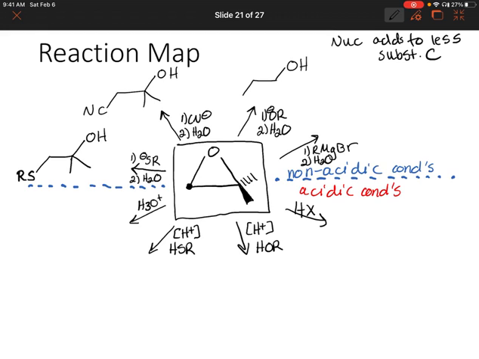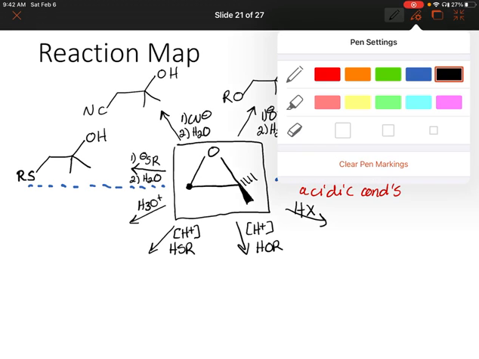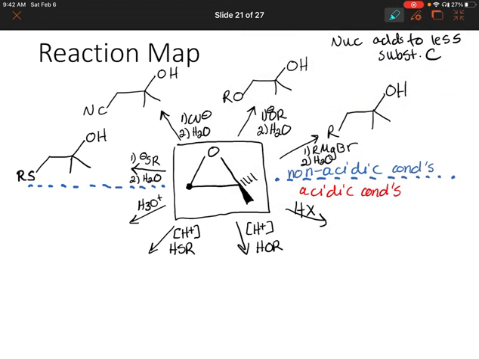In the next one, we're just going to add in OR. And on our last one, we're just adding an R group, so some sort of alkyl group. So again, here, everything is adding to the less substituted carbon because we're under non-acidic conditions.